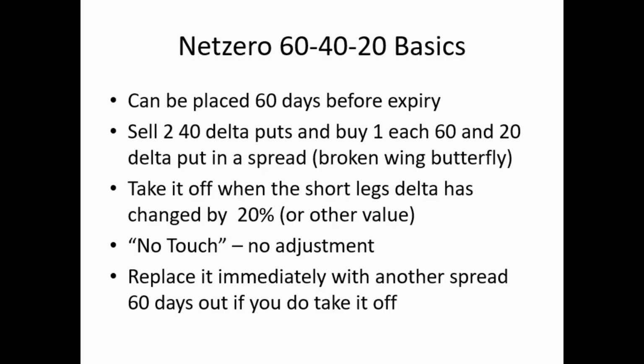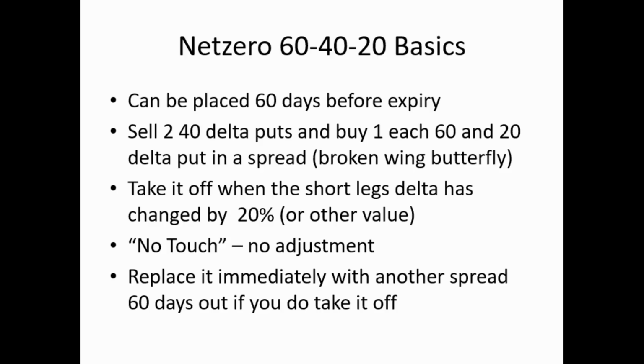Now let's talk a little bit about 60-40-20. Very, very simply, it can be placed and entered 60 days before expiry. Now, all of these are not necessarily firm. You can change them around, vary them, and that's very much part of the experience of trading net zero 60-40-20. Personally, I just love the name 60-40-20.